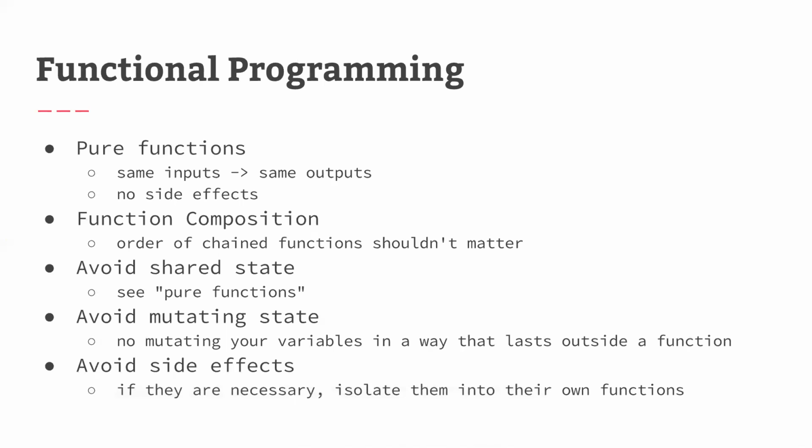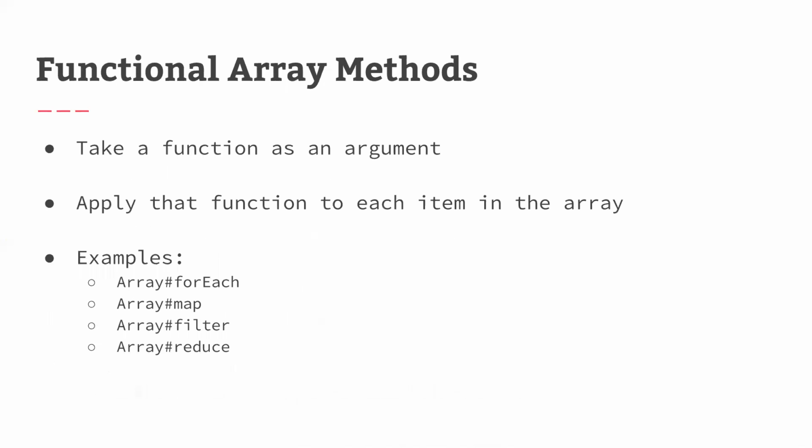Functional programming. So I want to talk about functional array methods. And these array methods that I'm going to talk about for the rest of this lecture, they take a function as an argument, and then they apply that function to each item in the array.